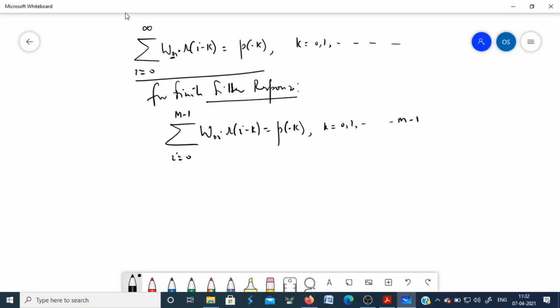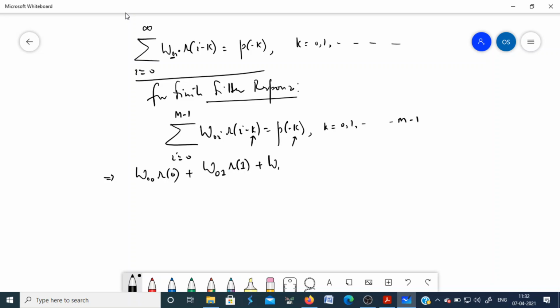For k equal to 0, what will you get? The first equation, if k is 0 and i varies from 0 to m minus 1, is w_o0 into R(0) plus w_o1 into R(1), because k is 0 and now i is 1.